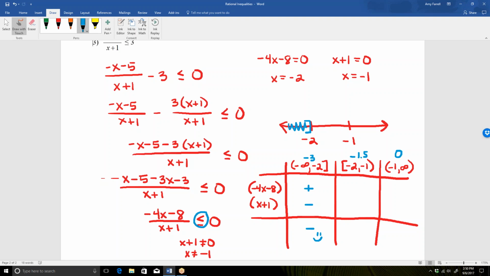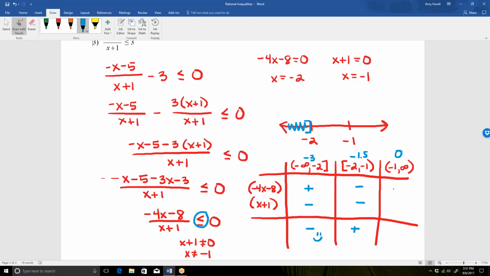Let's see, when I plug in negative 1.5, this is a negative result, and this is a negative result. And a negative divided by a negative is positive. So that interval is not part of our solution set. We're looking for this quotient to be less than or equal to 0.